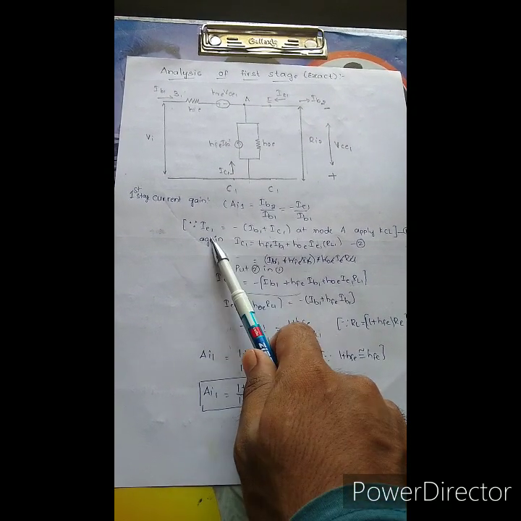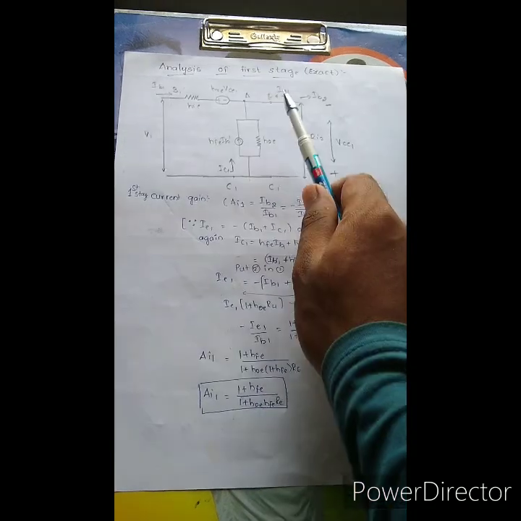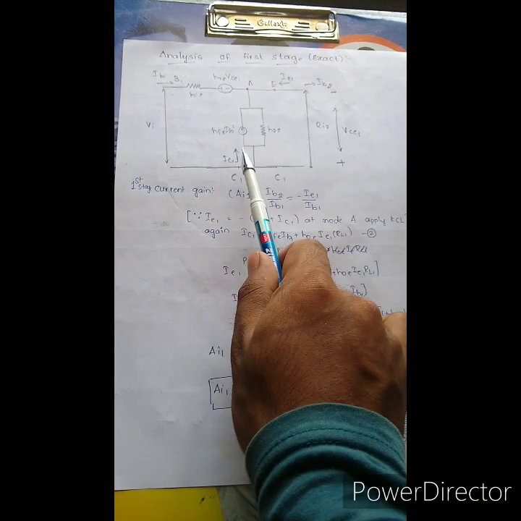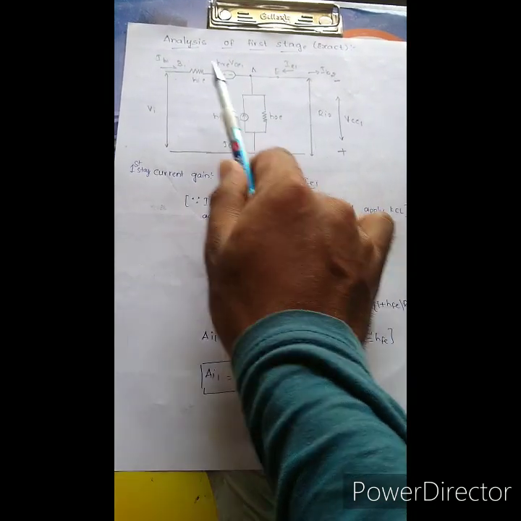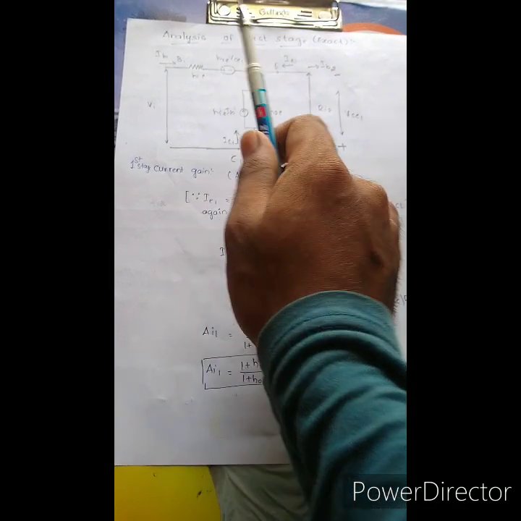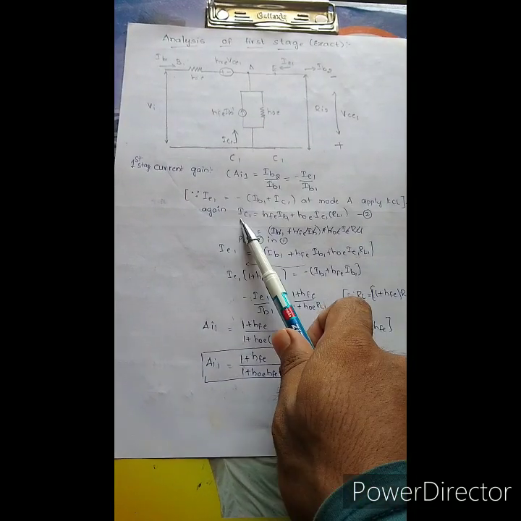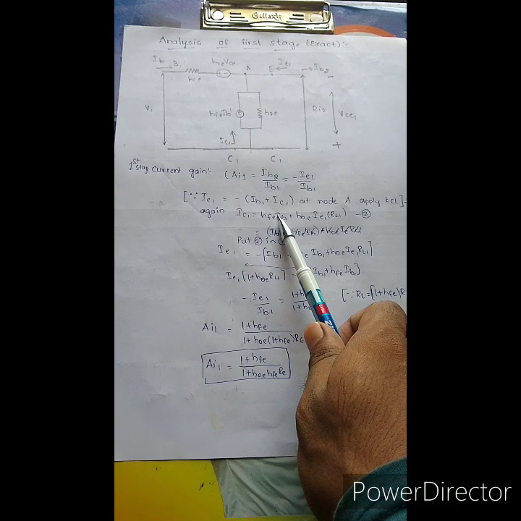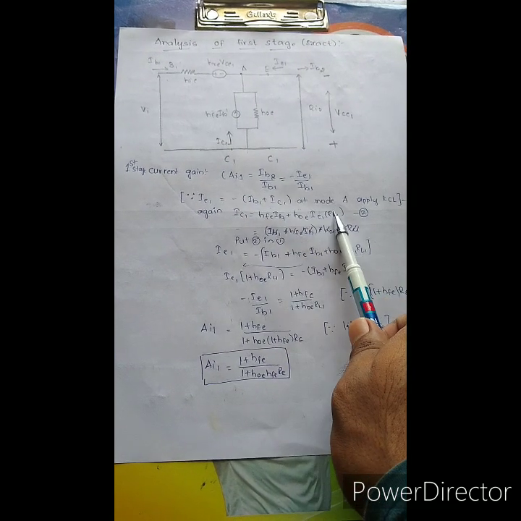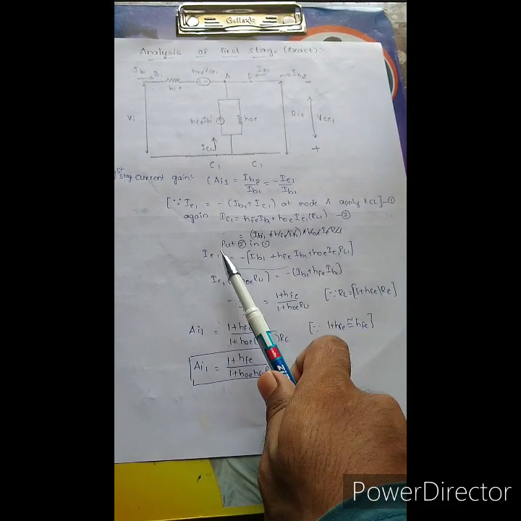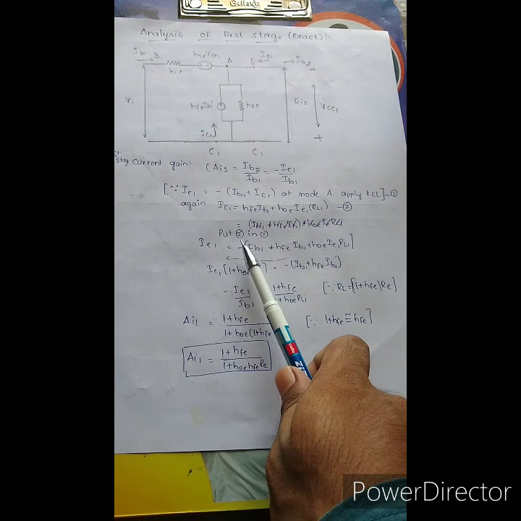Since IE1 is in the opposite direction, IC1 is coming at node A, IB1 coming at node A. So we can write IE1 equal to minus of IB1 plus IC1 at node A. Apply KCL. Again, put 2 in 1.